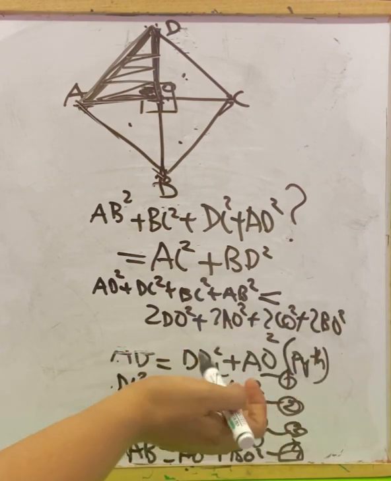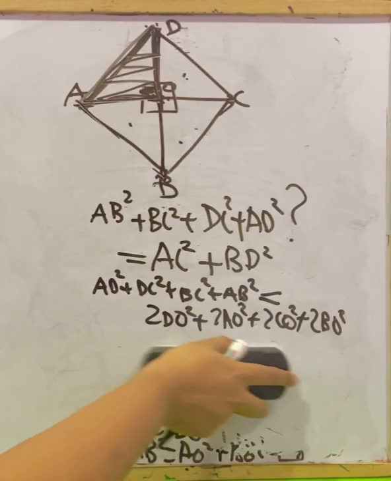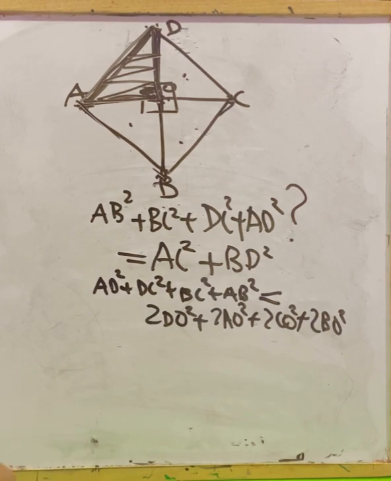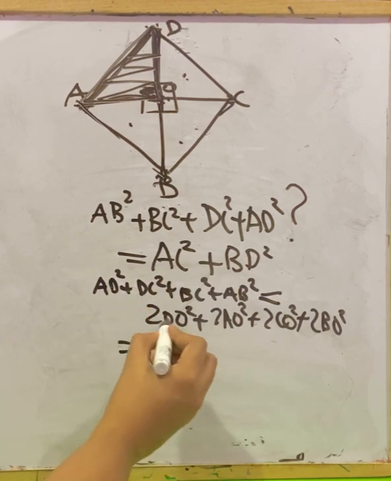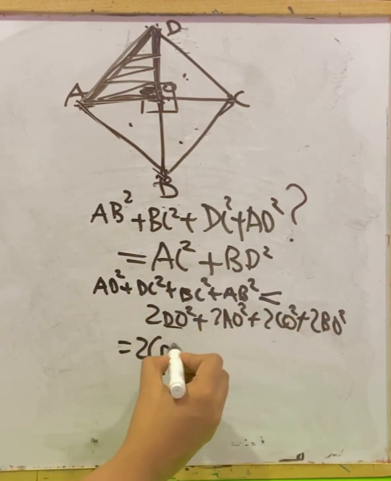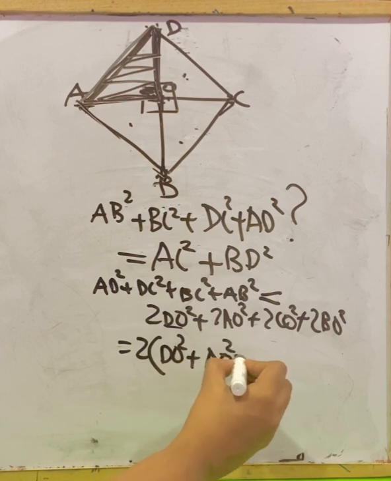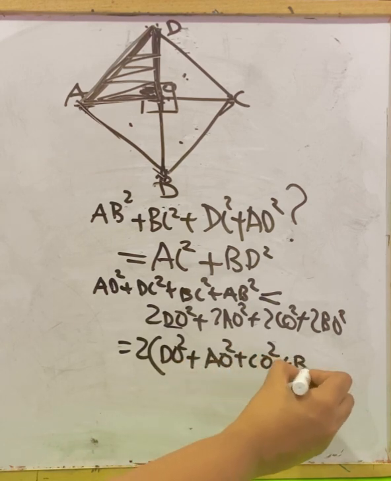Now taking 2 outside as common, we can write this RHS part as 2 into, inside the bracket, DO square plus AO square plus CO square plus BO square.